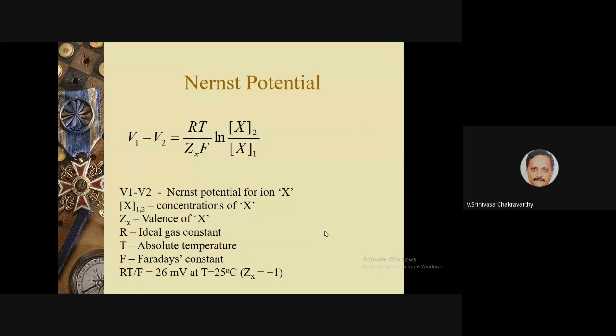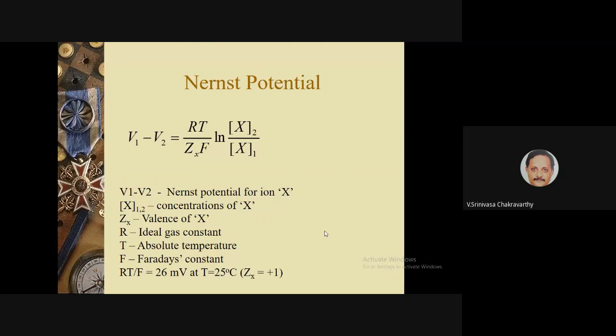And the potential generated because of this kind of ionic concentration difference is called the Nernst potential, given by this formula. So if you have two compartments separated by a semi-permeable membrane, then the voltage difference between these two compartments, V1 minus V2, is given by this formula: RT by ZxF times ln X2 by X1.